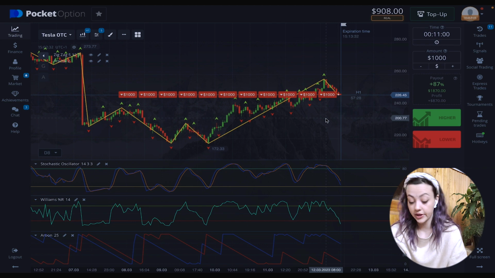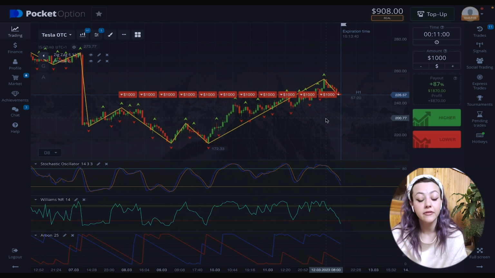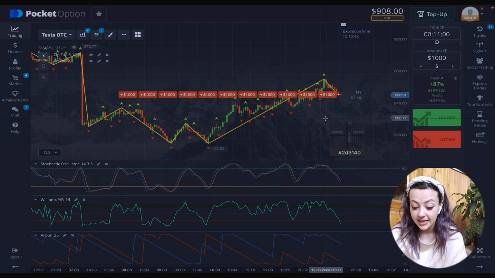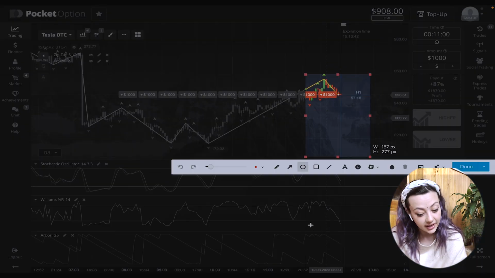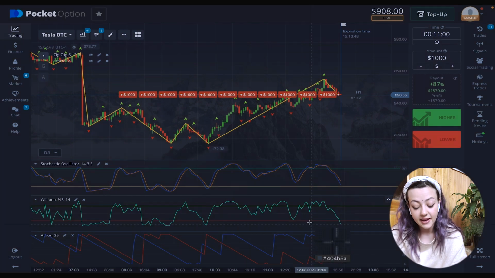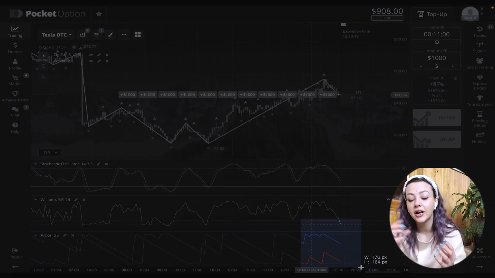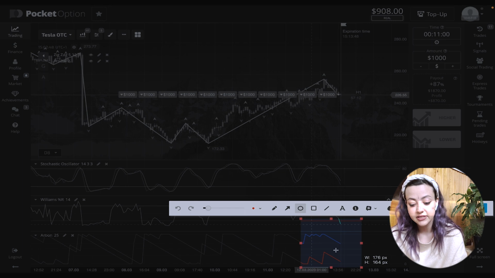Thanks to these helpers, we realized that the falling down of the graph isn't over yet. Even if you look at Aroon, you can see that the lines are parallel and pretty far from each other, and it means that it will be either downtrend or uptrend.